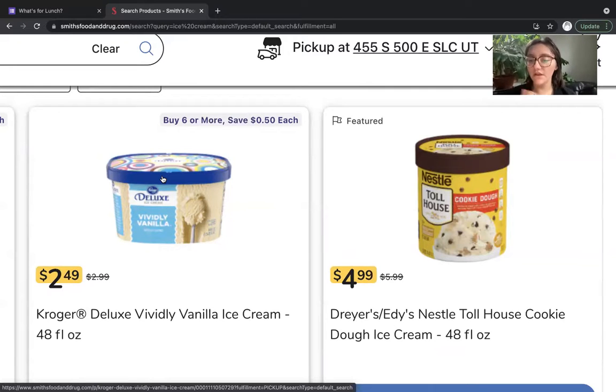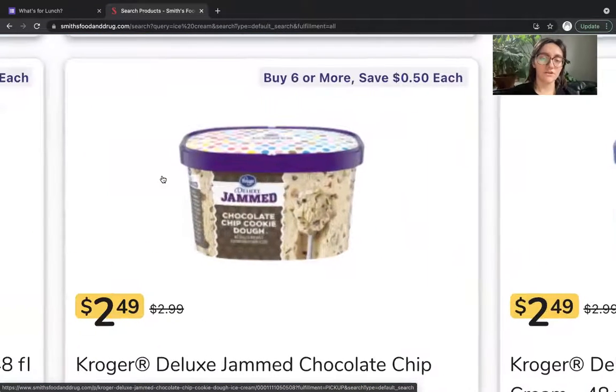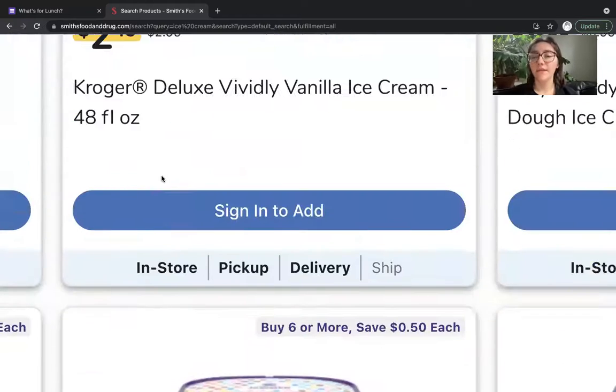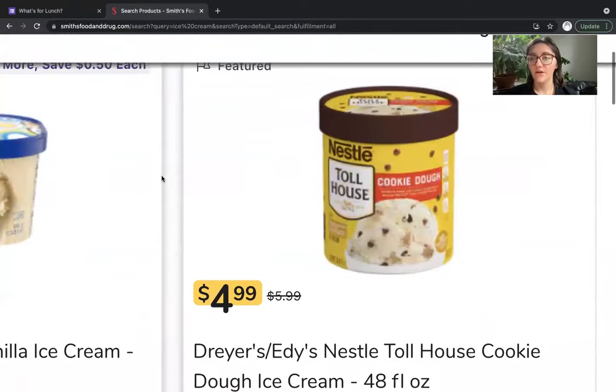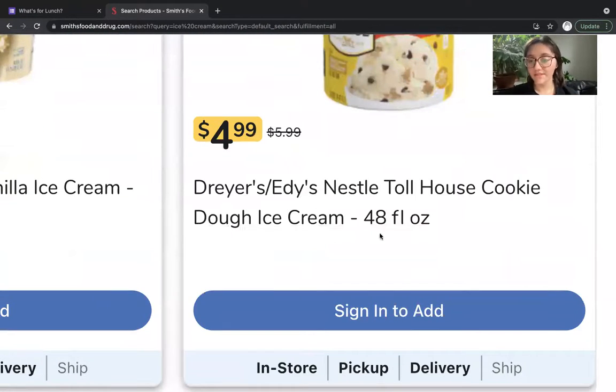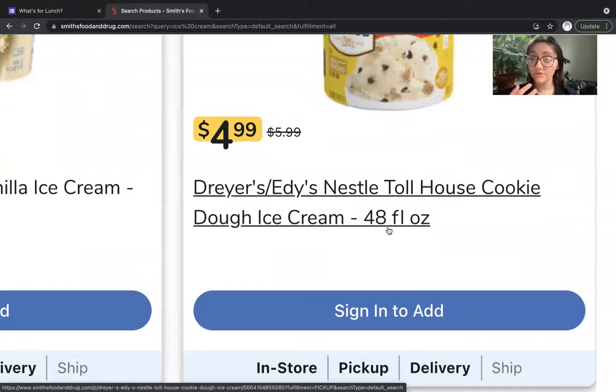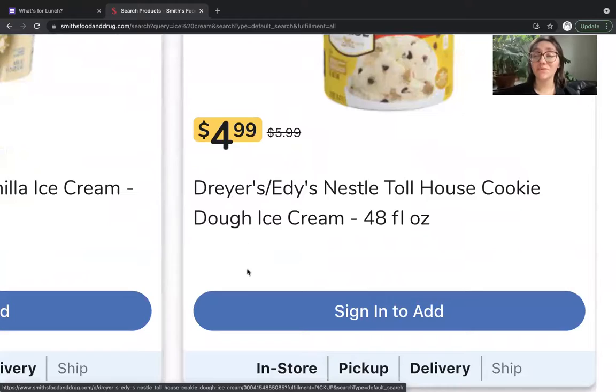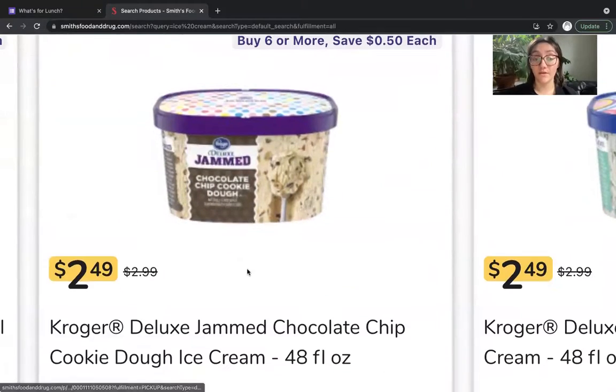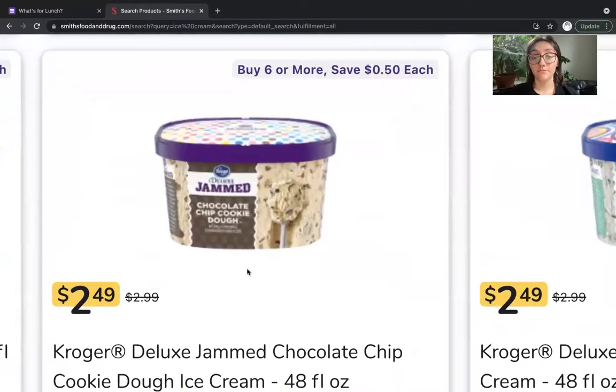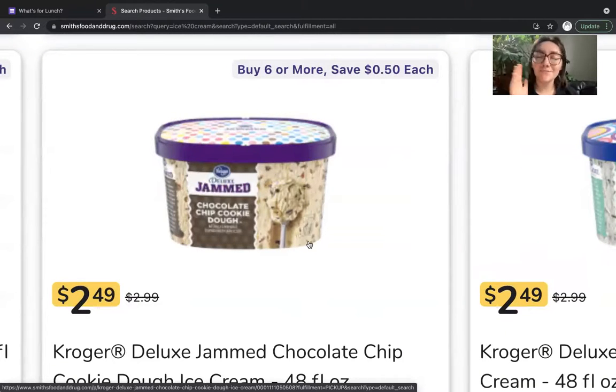Because they're both the same amount, the same 48 fluid ounces, but this one's more than double the price, right? So if you want a chocolate chip cookie dough, just buy the cheaper one. Sometimes you want to get the specific brand, but this is what it is.